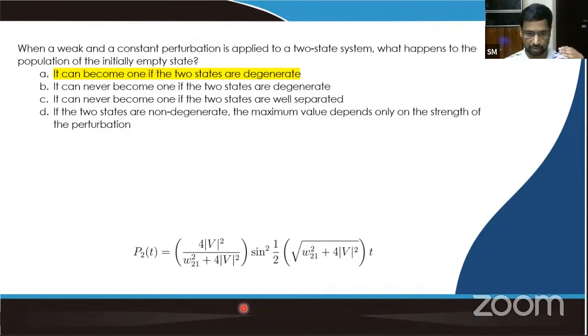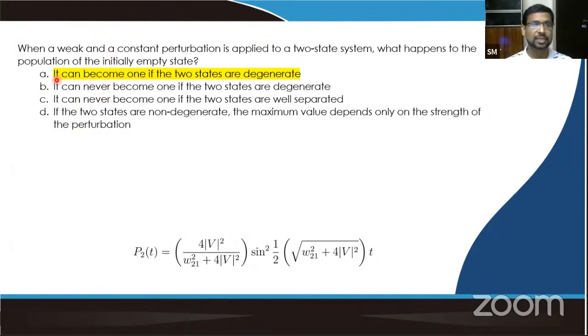So you would immediately recall this relation, which gives the population of the second state, which was initially an empty state, at a different time. The question asks which are the true statements.